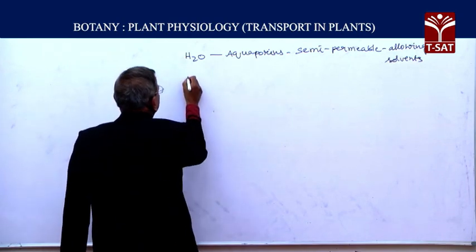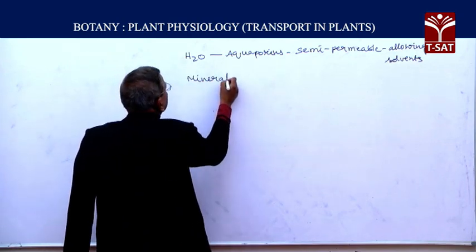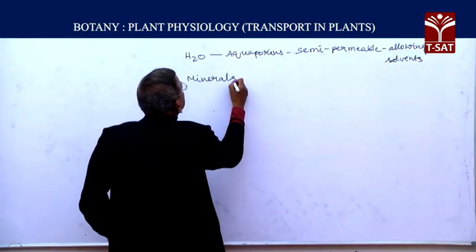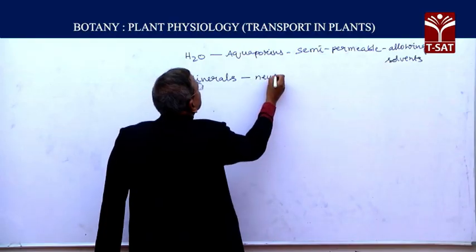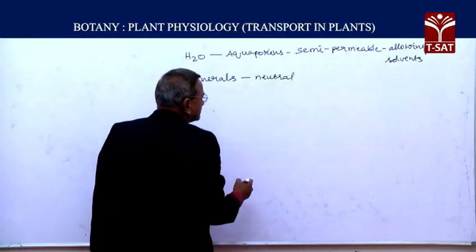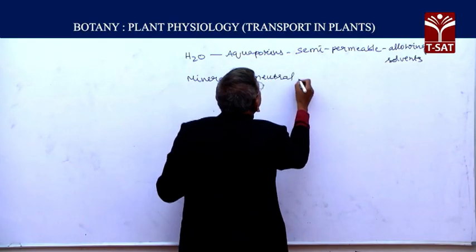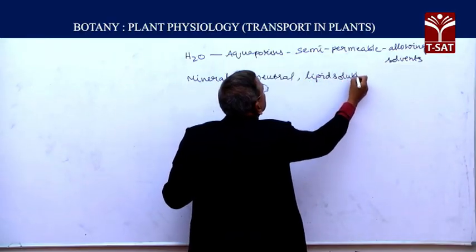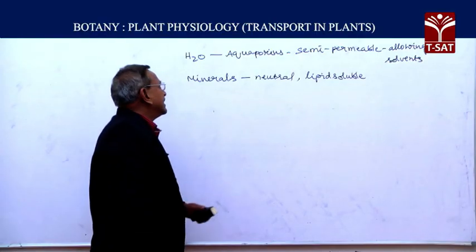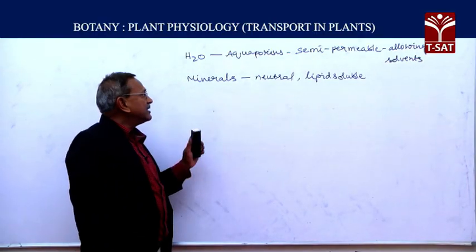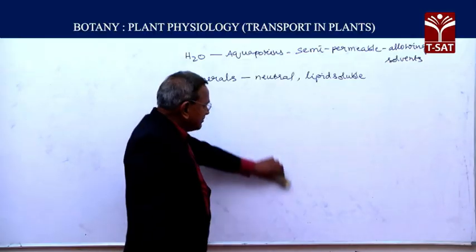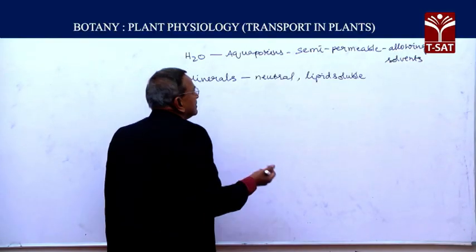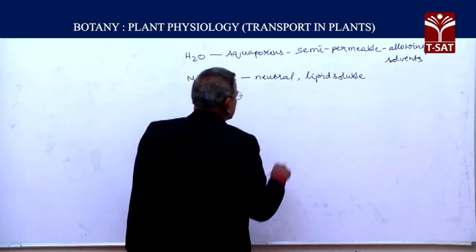Now different kinds of mineral substances may be neutral and lipid soluble. Different kinds of minerals must be transported across the membrane, from different cells and between cells and also tissues.